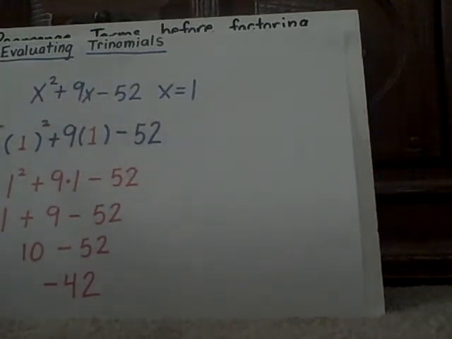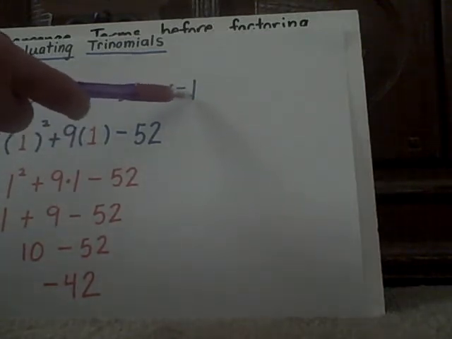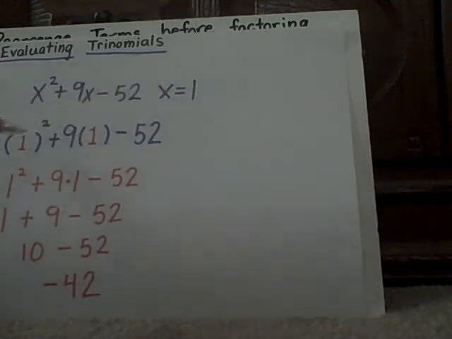The best way not to make mistakes is to put parentheses where the variable was. Copy down everything else and then open up parentheses. Inside of the parentheses, you're going to substitute what x is equal to. And then look at your new trinomial. 1 squared plus 9 times 1 minus 52.